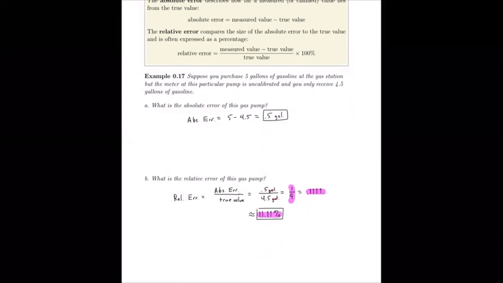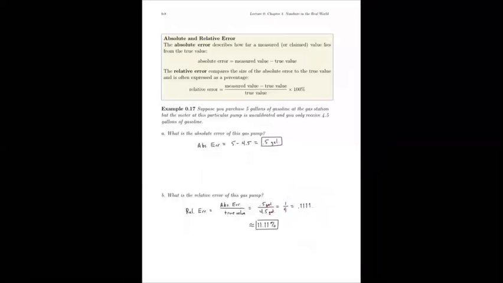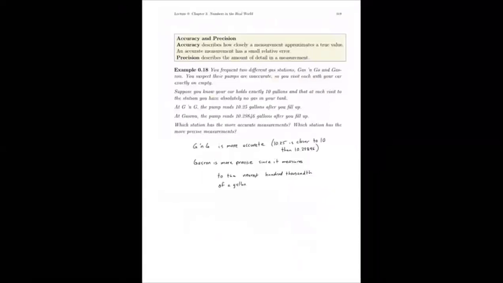So the relative error is 11.11%. In other words, the meter on the pump has read that it gave you 11.11% more than what you actually got. So it overmeasured, or overestimated the measurement.